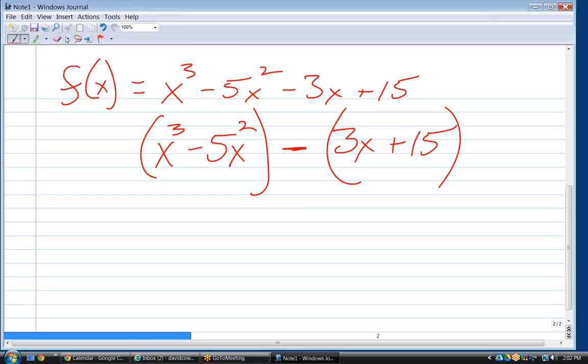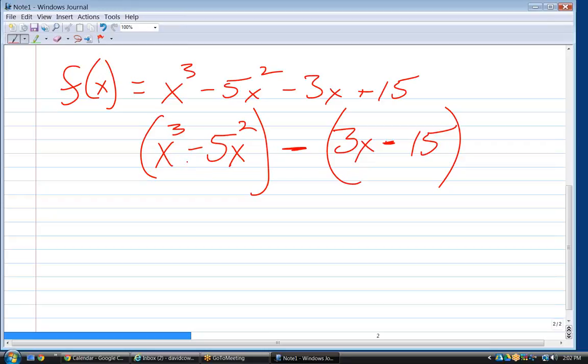No. Okay, what do I have to do to the bottom to make it the same as the top? Oh, you have to make it a 3x minus 15. There you go. At every step of the way on these problems, you should check to make sure you have not changed it, because this is an extremely easy mistake to make. Okay, so now we have the same thing as the top.